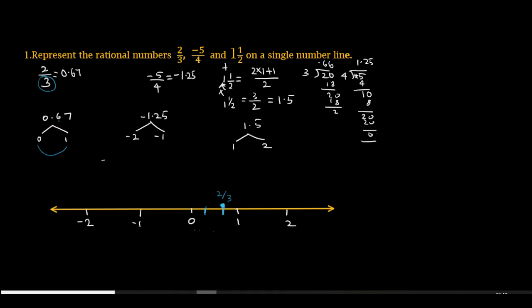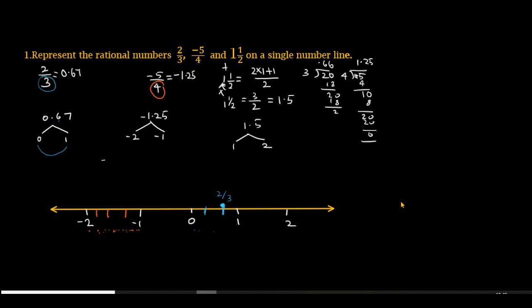In such a way, the next number is minus 1.25, between minus 1 and minus 2. For that, look at the denominator 4. So divide this into 4 equal parts; for dividing into 4 equal parts, we need 3 lines.